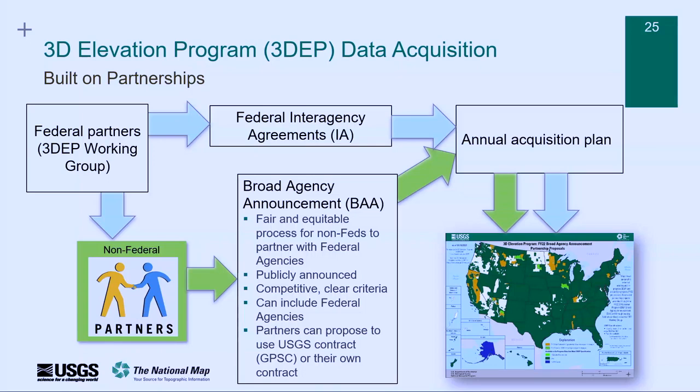The second, which more of you are probably familiar with, is the broad agency announcement, or BAA, which is the vehicle for soliciting partnerships with non-federal entities. The BAA outlines a fair and equitable process that allows federal, state, tribal, local, and private organizations to propose data acquisition projects. Together, the two acquisition streams form the 3DEP acquisition plan for the year.